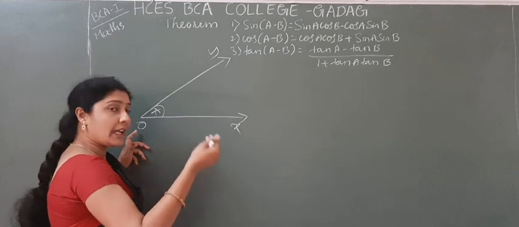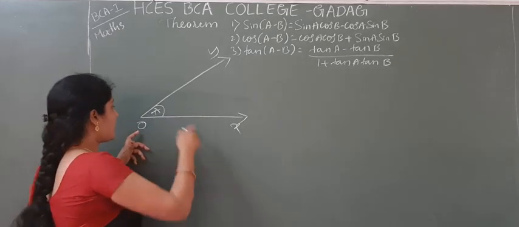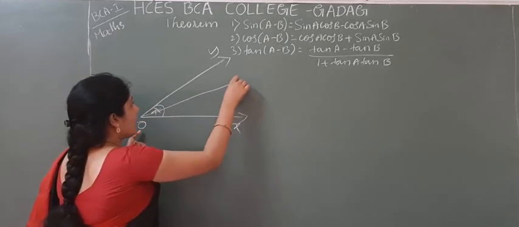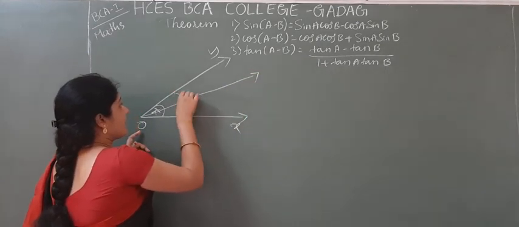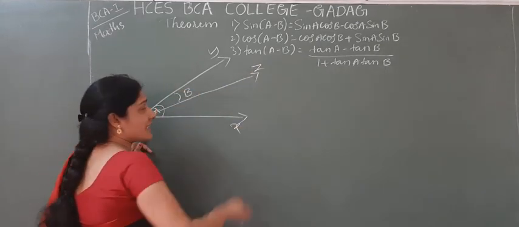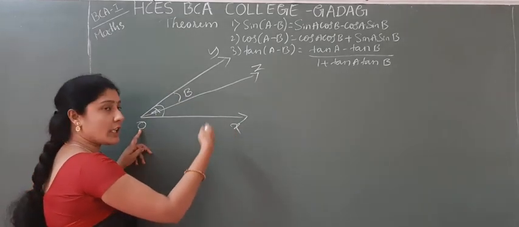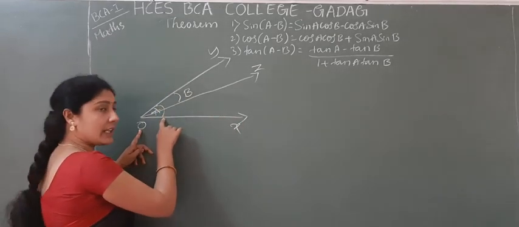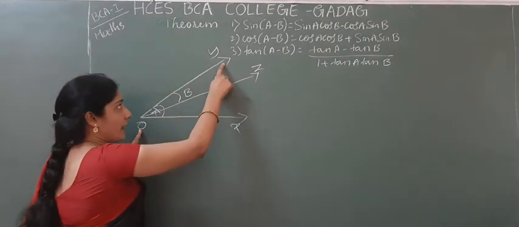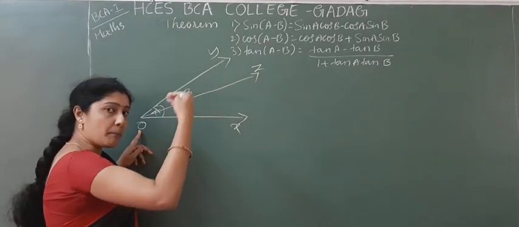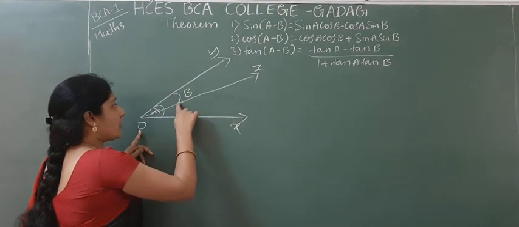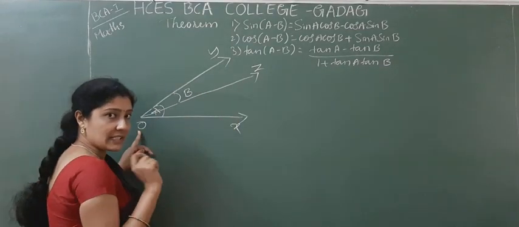Now it again revolves backwards through an angle B to the line OZ. Are you getting my point? So OX vector revolves through an angle A to the line OY. Again it revolves backwards through an angle B to the line OZ.